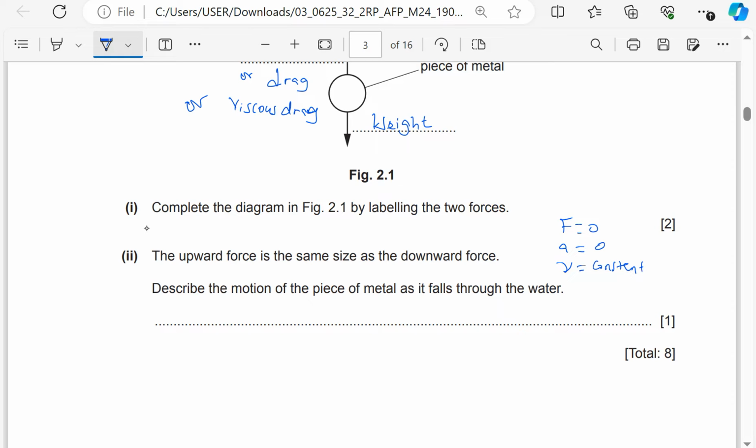So the piece of metal moves with a constant speed, or you can use steady or uniform speed. The reason is that the resultant force is 0.